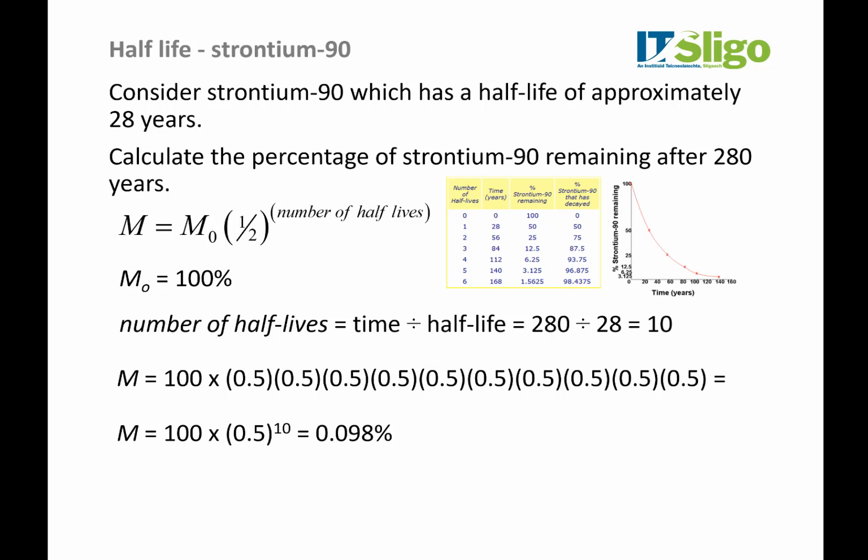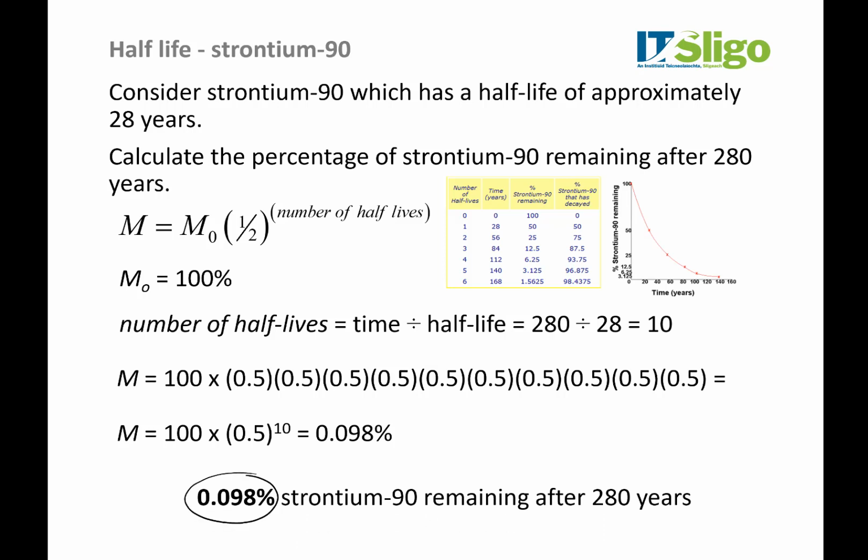And even after 10 half-lives, there's about 0.1% left. That's 280 years. A lot of these have half-lives of thousands of years. So they store them in concrete, which has a half-life of about 150 years. But anyway, that's another story for another day. So, like I said, there's just the answer to the problem we were doing.